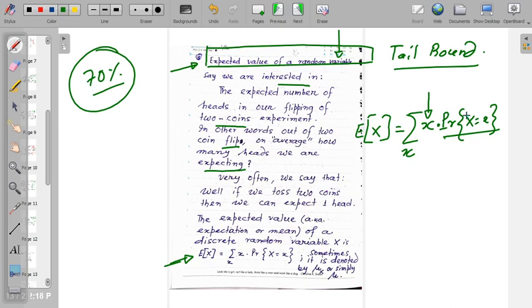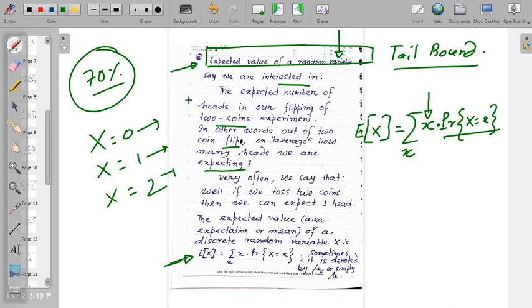That means it's not a continuous one. As in our coin flip experiment, x can take the values 0, 1 and 2, so all these values are discrete. We are not saying that x can take a value like 0.1. We'll discuss the continuous domain later, and it has many applications.